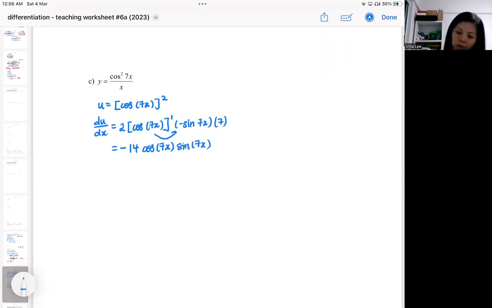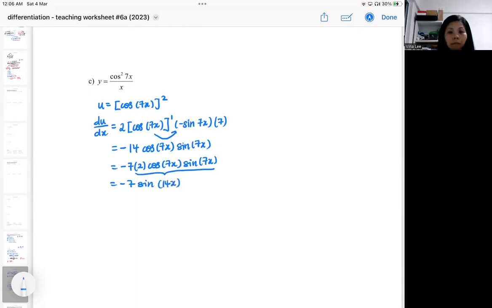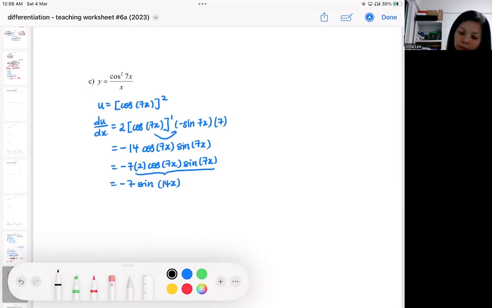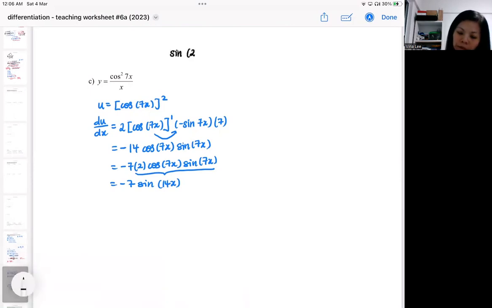So at this point, you can actually leave it in this way. Okay, but if you do recognize the double angle formula, do you realize this part is actually your sine 14x? Okay, it may not be a must for you to do that, but again, if they put in trigo proving, then you might need this part. So let's recall double angle first.